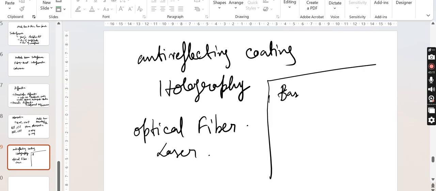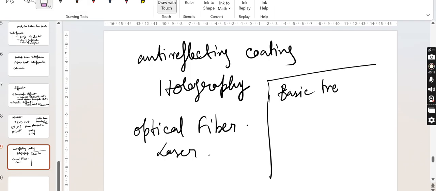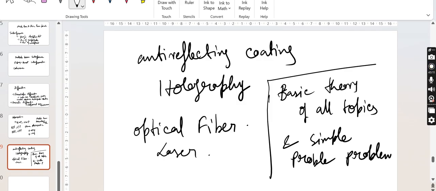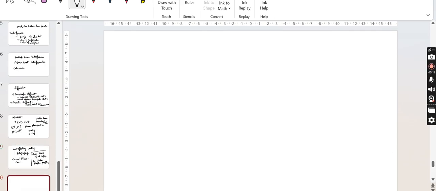So basic theory of all topics and simple problems, that would be enough. When we are talking about simple topics, especially in the laser, you should know which wavelength is being generated by which laser. That is very important.